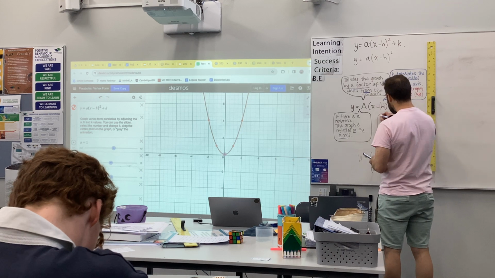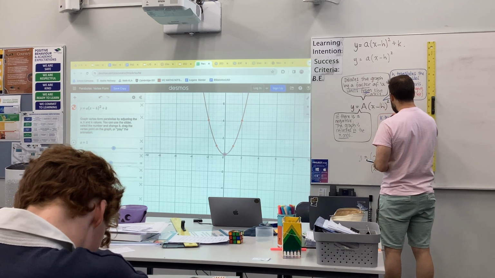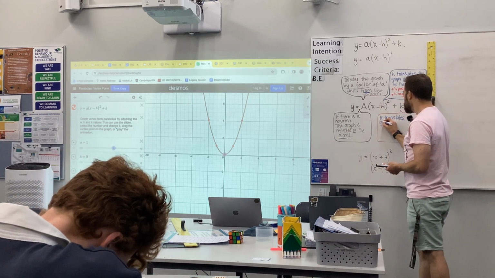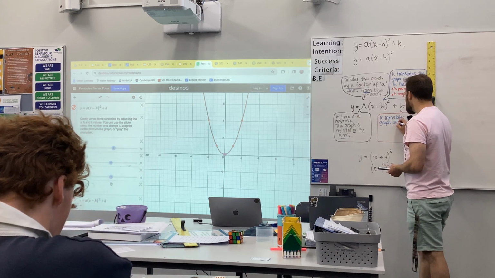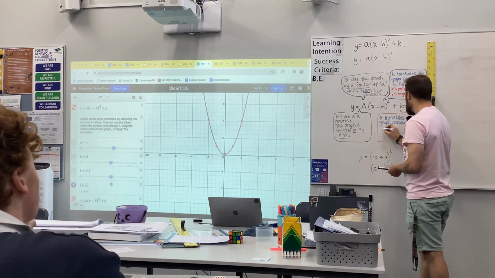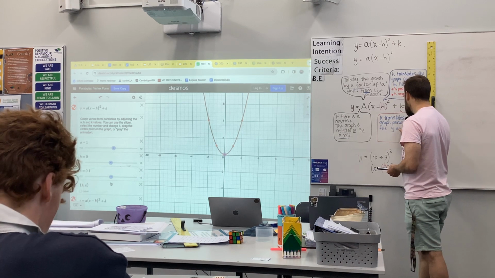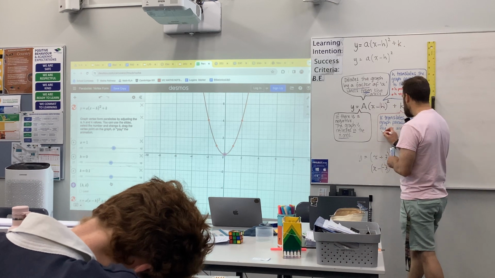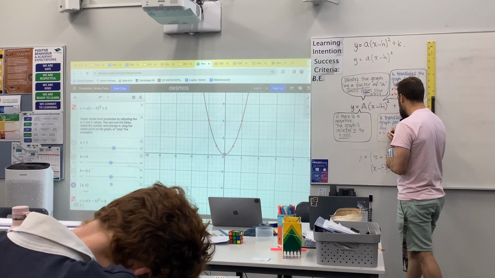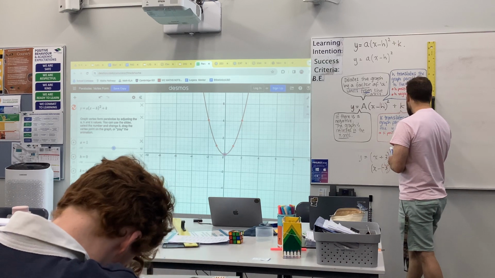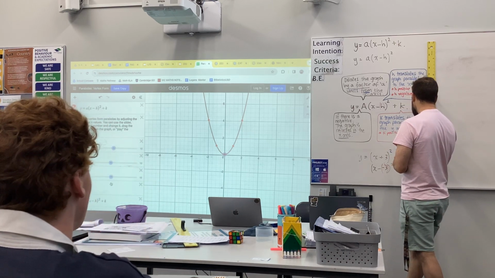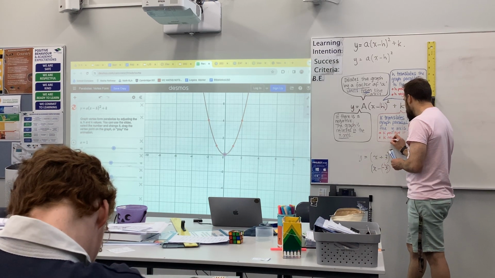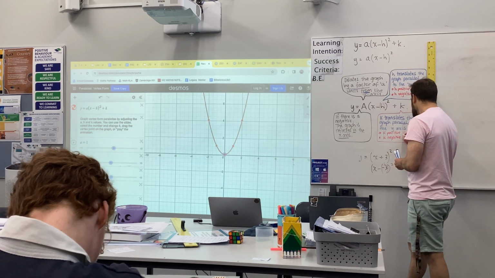So, same thing with the language. k translates the graph, again, parallel to the y-axis. So if k is positive, it goes up. If k is negative, it goes down.